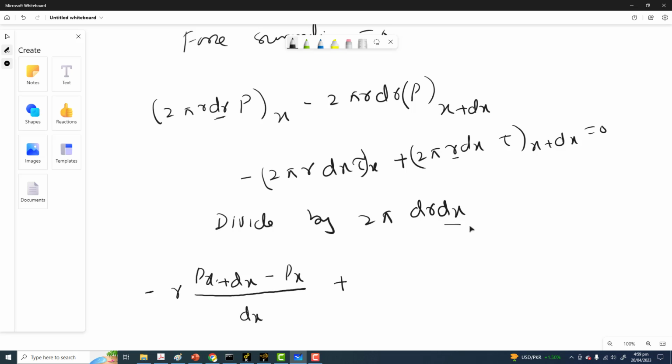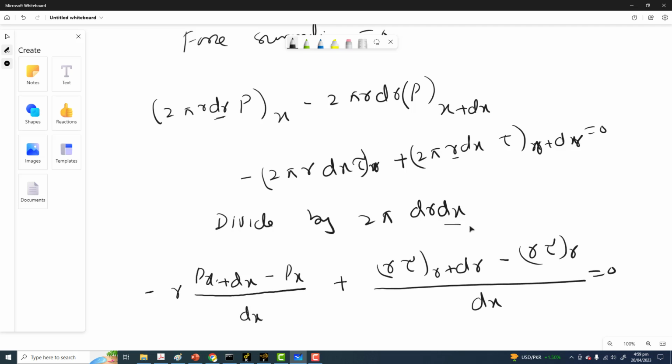So I will write this as r shear stress at r plus dr, minus r tau at r, divided by dr, equal to 0.